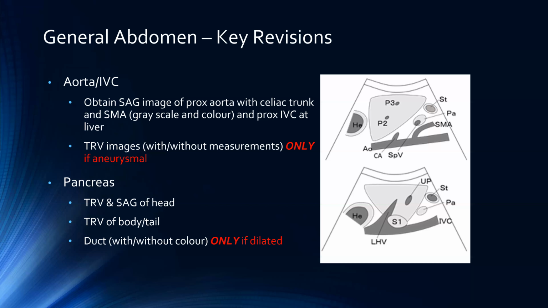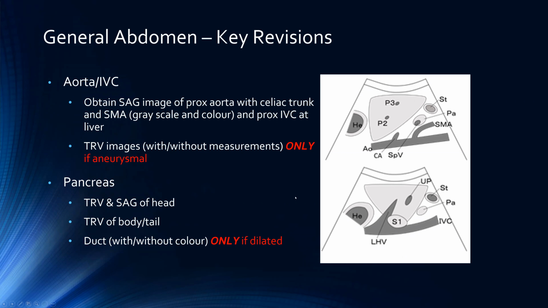Whatever parts of the aorta that are visible and not obscured by bowel should obviously be scanned down to the bifurcation to look for any abnormal pathology of the aorta or retroperitoneum, but no transverse images or measurements are necessary in terms of being recorded, unless the aorta is aneurysmal or the study is being specifically done for investigation of the aorta or some retroperitoneal pathology.